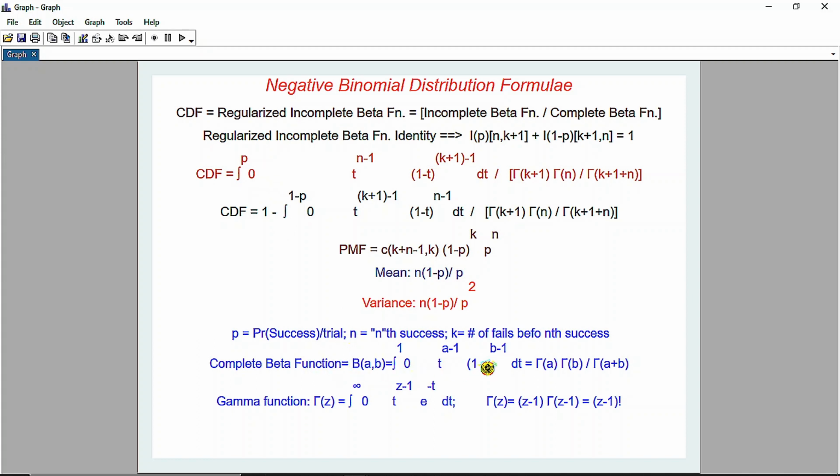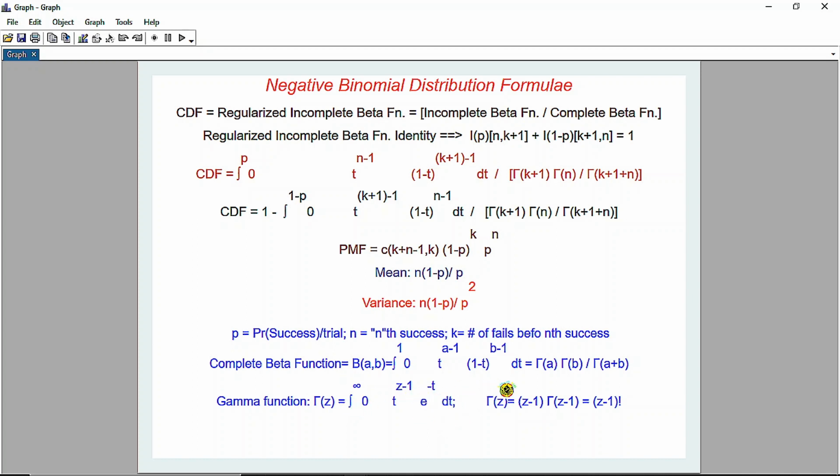And the complete beta function can further be expressed in terms of the gamma function by this relationship, where a and b are the parameters. So this is the complete beta function, which is equal to gamma a times gamma b divided by gamma a plus b. And the gamma function can further be expressed in its integral form in this way. We integrate from 0 to infinity, and for this z, we take t to the power z minus 1 and e to the power minus t, and we integrate with respect to dt.